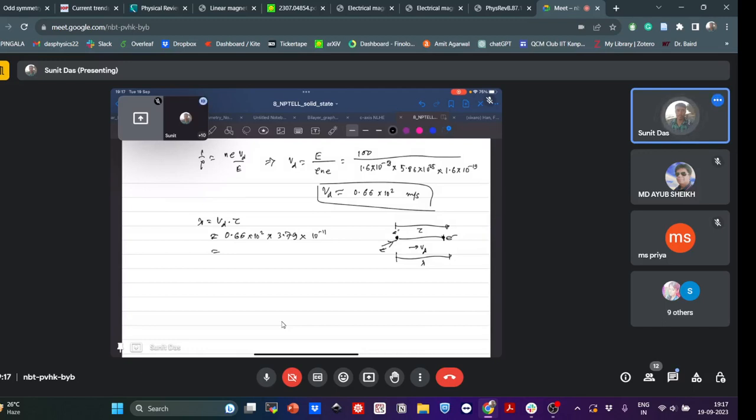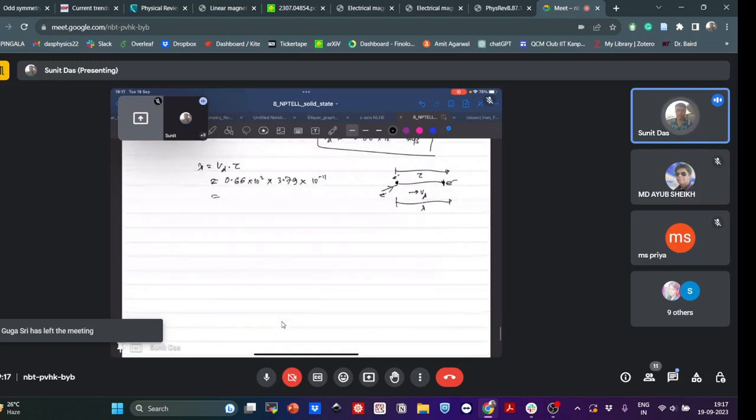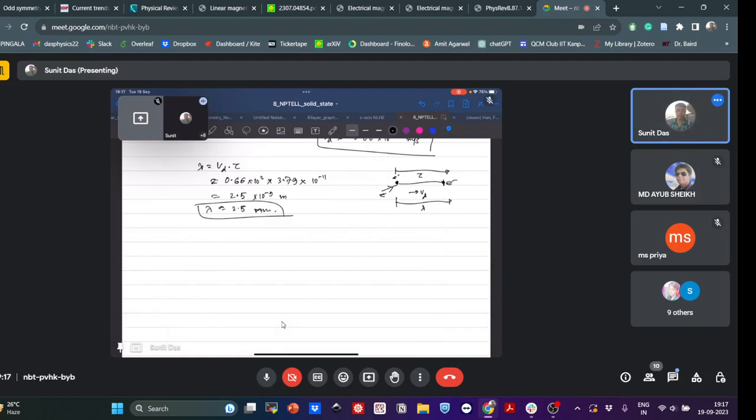So this will be 2.5 into 10 to the power minus 9, that is 2.5 nanometer. This will be mean free path.